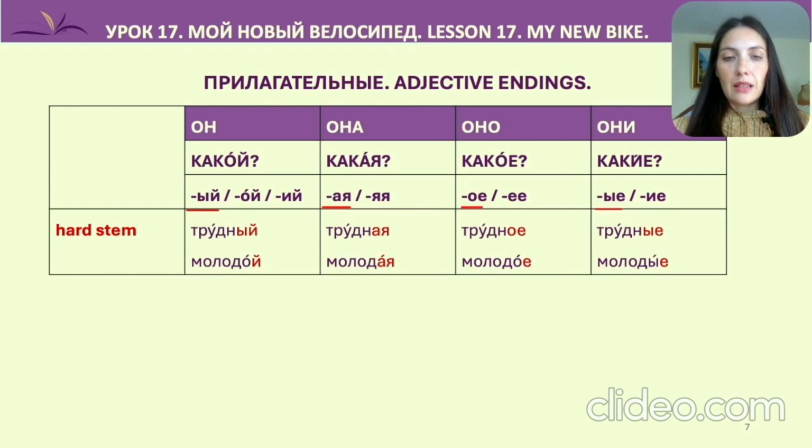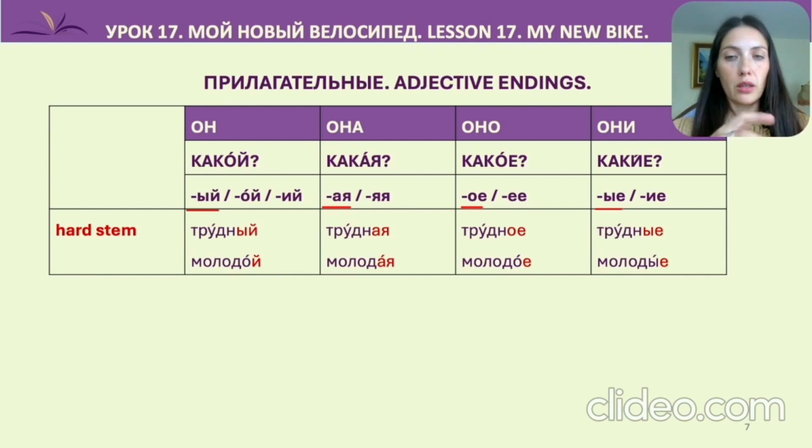You can see that the endings are not stressed. So we don't say трудное, we say трудное, reduction of the unstressed o. So why is it called hard stem? What is a stem? A stem is everything except the ending of the word. So if ый is the ending, then трудн is the stem.